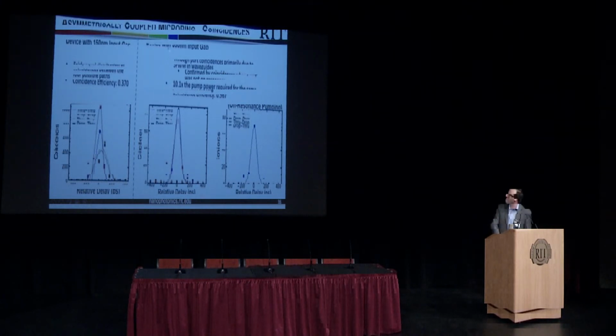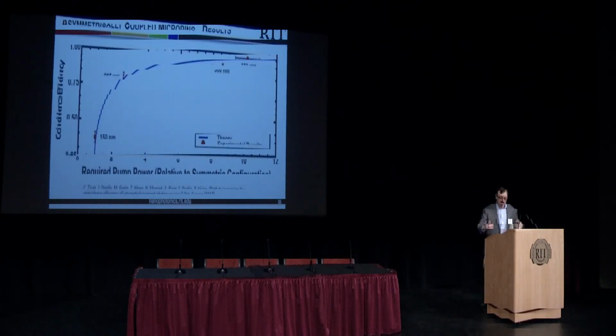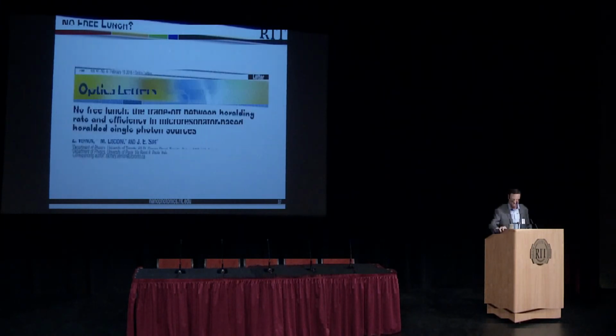And then in the case where the input gap is very large, we see essentially all the photons going out the drop port. This here is just a background signal. We see that we don't have any cross terms anymore, which means all the photons are going the way that we want, but it comes at the cost that we needed to use 10 times more power to pump it because we couldn't get the pump laser into there.